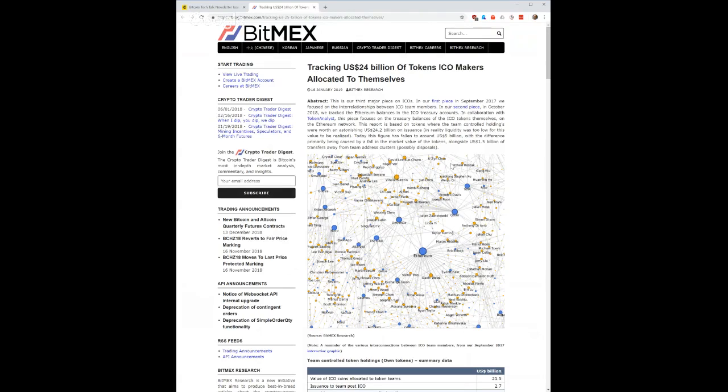Lastly, here is BitMEX's research. They do some great research, and they come up with some great visuals and stats and tables and stuff like that. I always love reading their stuff. Tracking $24 billion worth of tokens ICO makers allocated to themselves.